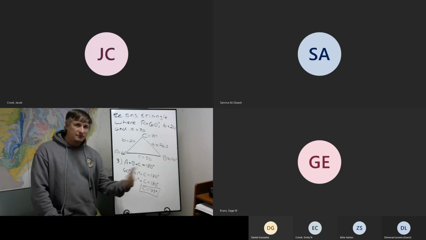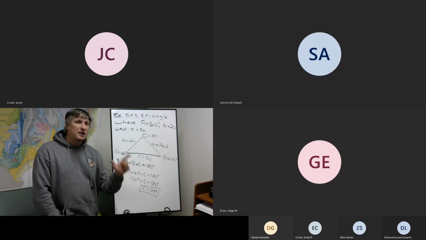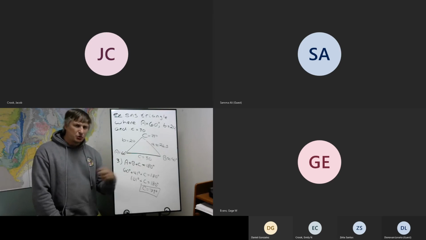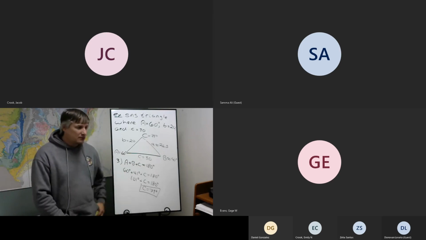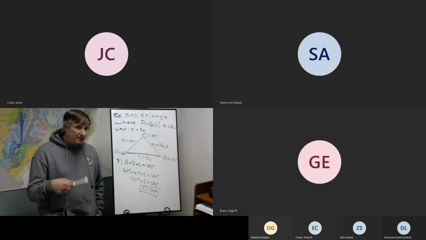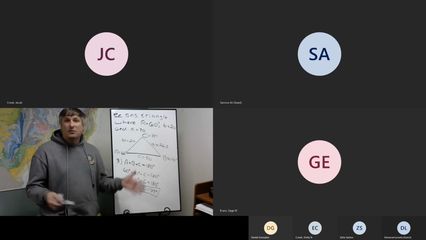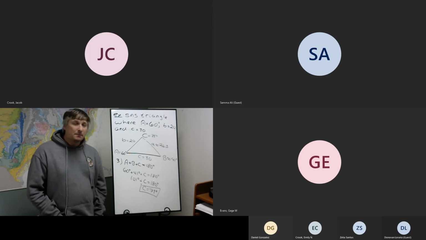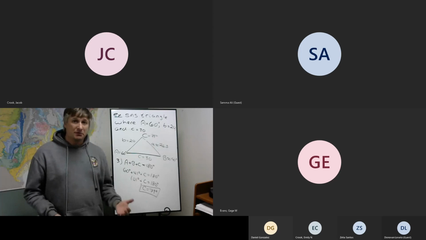Law of cosines to find the missing side. Law of sines to find the missing angle that's across from the shorter of the two given sides, the two that they gave us. And then once we've found that angle, we use the other angle we're given and the fact that all the angles add up to 180 degrees to solve for that one missing angle. And then we're good. We solve the triangle. We know the angles and we know the sides.